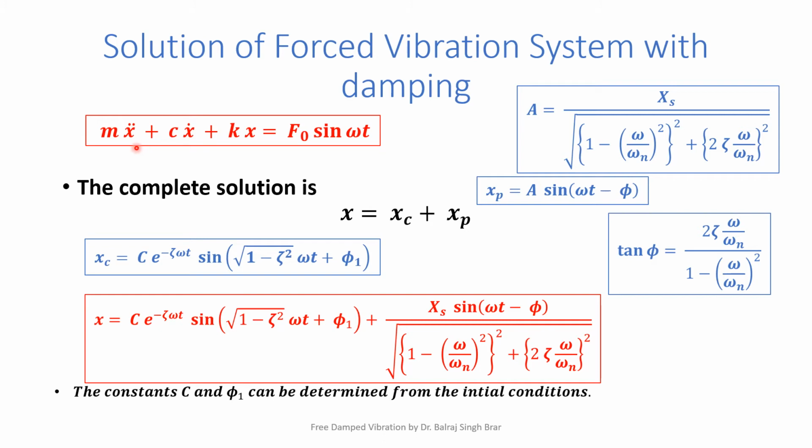It is the solution for m x double dot plus c x dot plus k x equal to 0, meaning damped free vibrations for an underdamped system. So the xc solution, we have derived in the third chapter, is xc equal to C e raised to the power minus zeta omega n t sine of square root of 1 minus zeta square omega n t plus phi 1. Some phase difference is there.